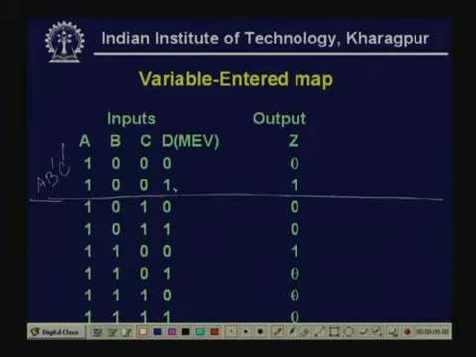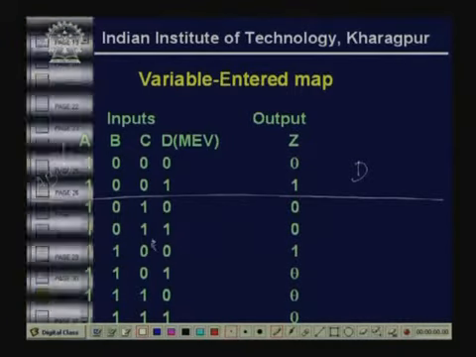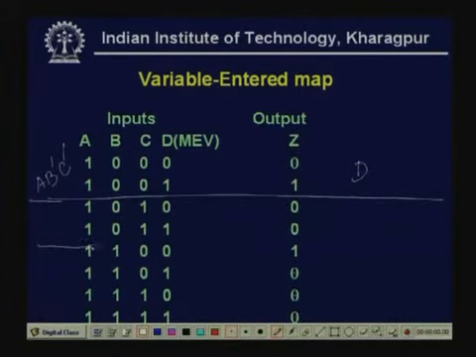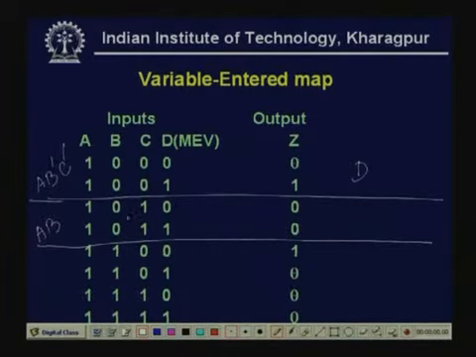See, D is 0 1, Z is also 0 1, that means my output is D. Then for this term it is A, B dash, C, and my output is 0.